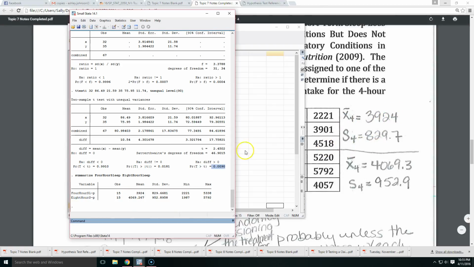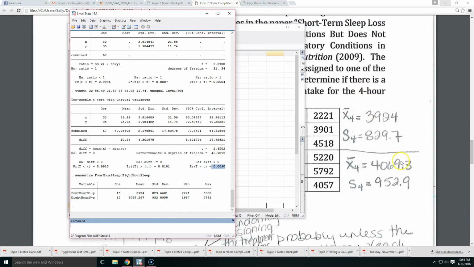The men that received 4 hours of sleep actually had a smaller sample mean and a smaller sample standard deviation. So I'm pretty confident that we're going to decide that they're statistically equal because these numbers are pretty similar anyway, and they also vary in a similar way. So we should probably see that these 2 are equal as well, if I had to guess.